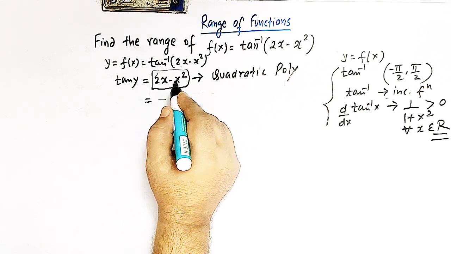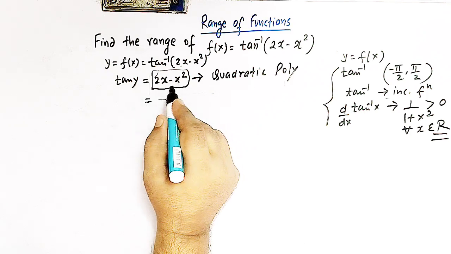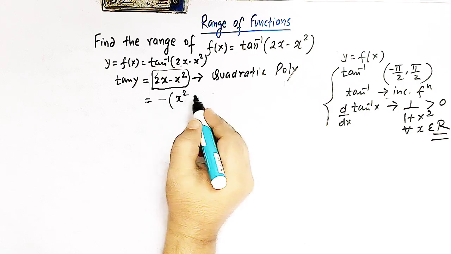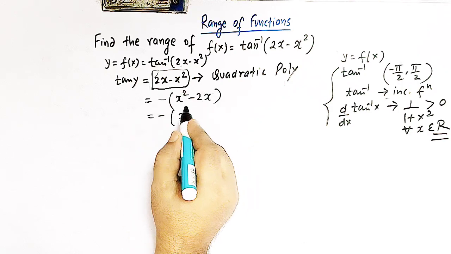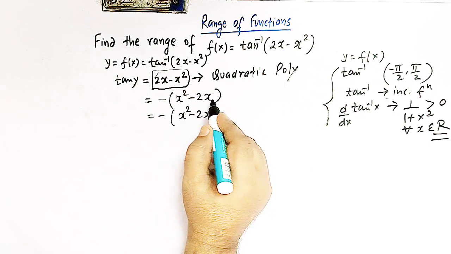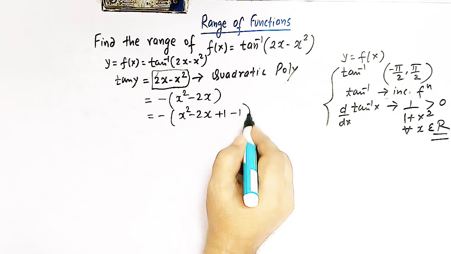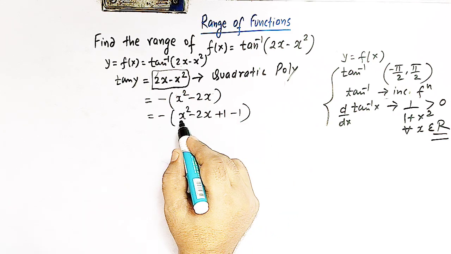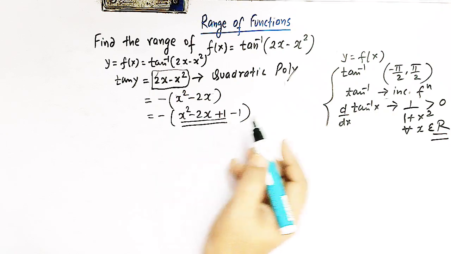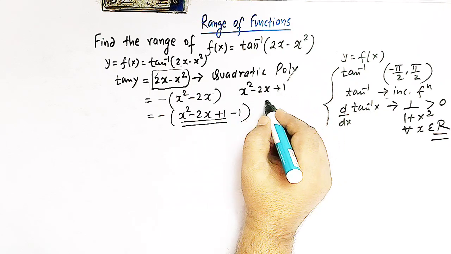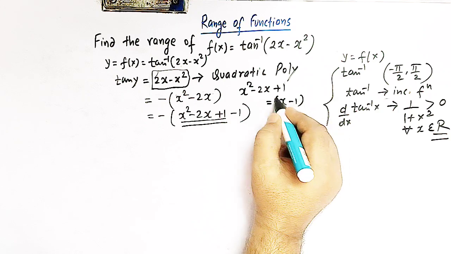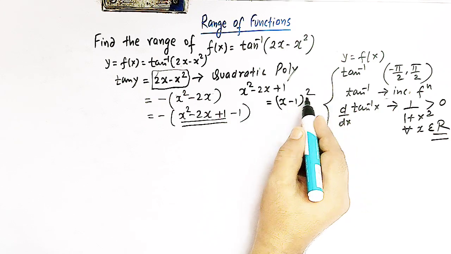So taking minus sign common here, we can now write x square minus 2x. Now adding 1 and subtracting 1, this trinomial, that is x square minus 2x plus 1, is equal to x minus 1 whole square, that is a minus b whole square.